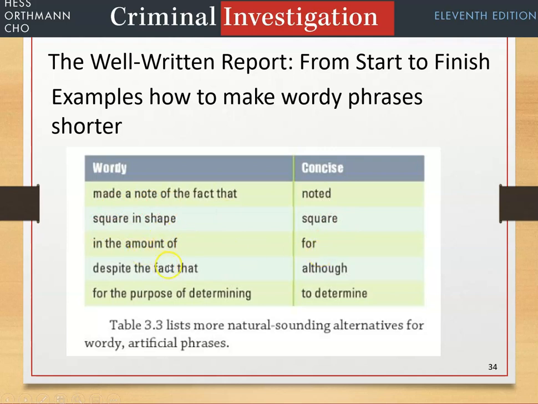Despite the fact that, and officers use this all the time. How about although? And you'll get better at this, so trust me. For the purpose of determining. How about to determine? So these are more natural sounding alternatives for these wordy phrases that law enforcement officers, when they're new, tend to use.